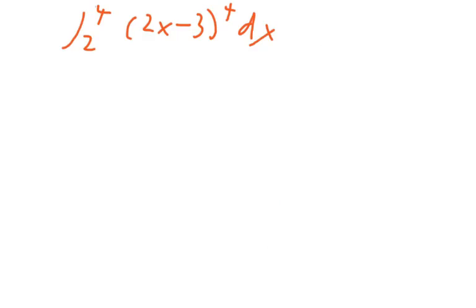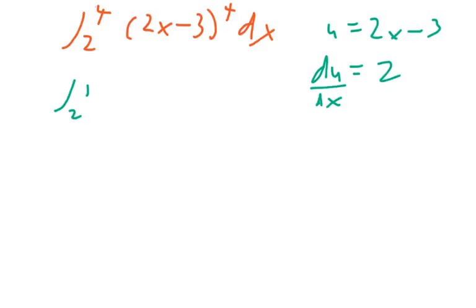Alright, so this time we have a definite integral, so I'm going to make u equal to 2x minus 3, which means du dx is equal to 2. So it's not from 2 to 4 anymore, we have u to the 4th times du over 2.